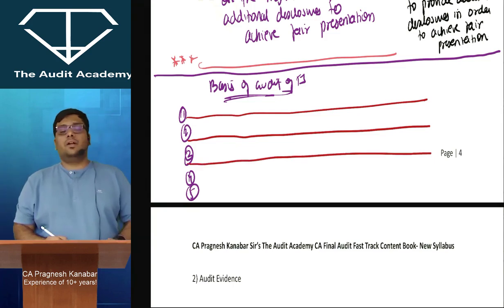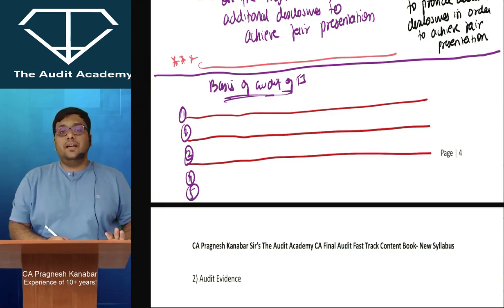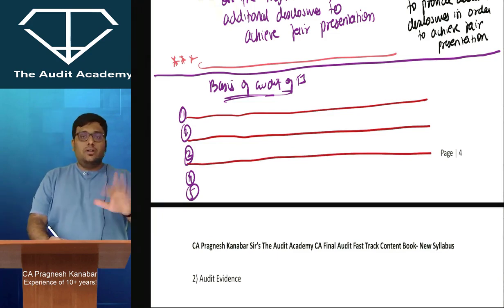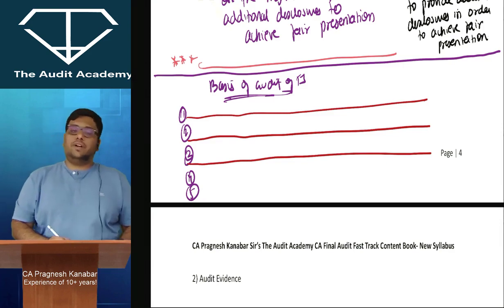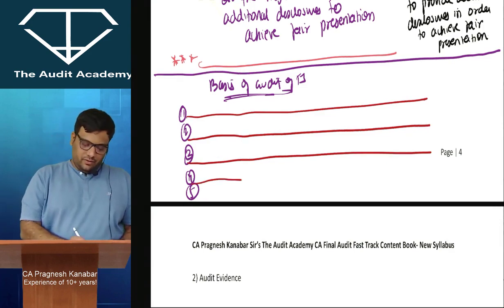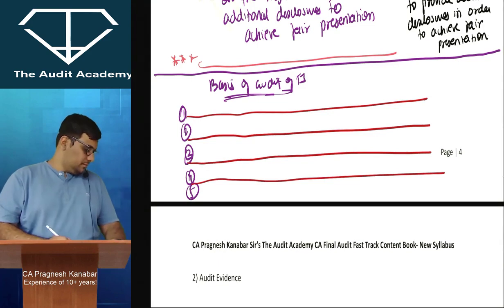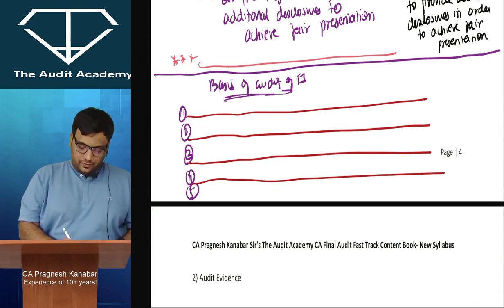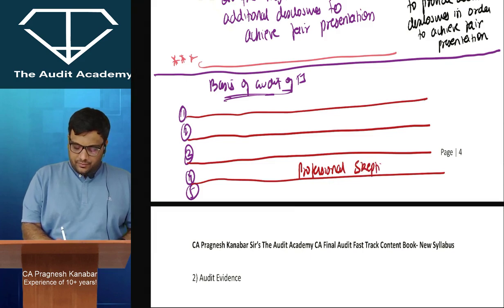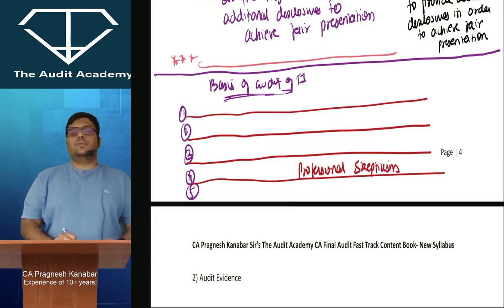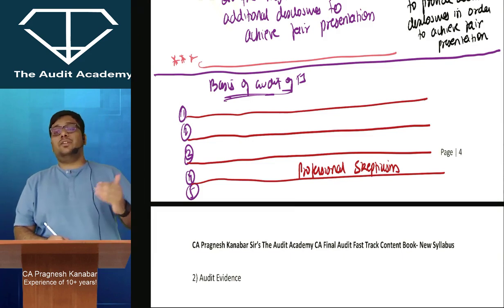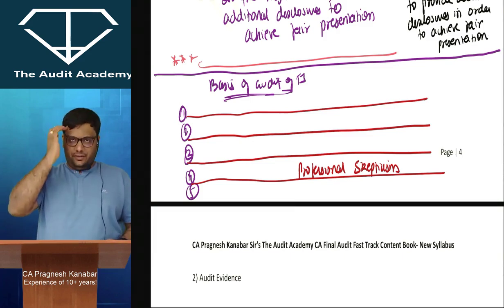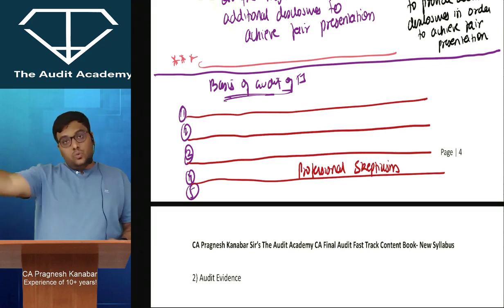Third, auditor's primary duty is to express an opinion on the financial statements. Fourth, auditor is expected to maintain an attitude of, if you have forgotten the spelling, professional skepticism, that is a questioning mind, not a suspicious mind, throughout the audit.